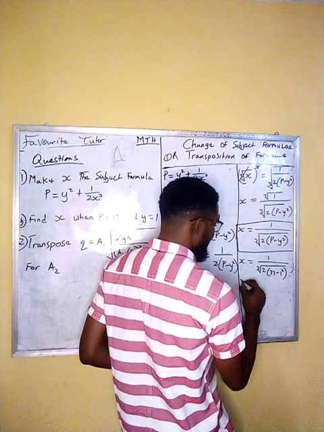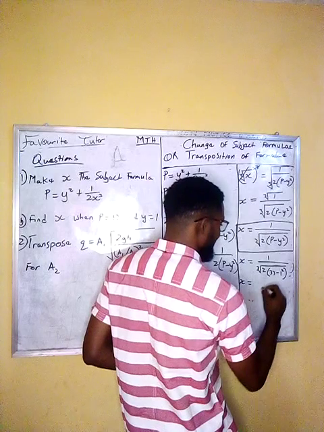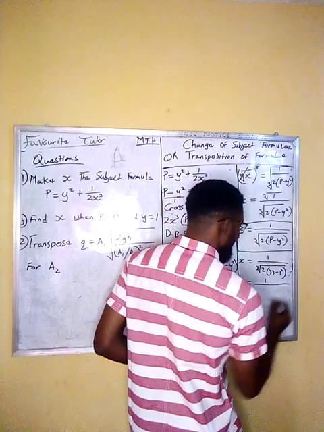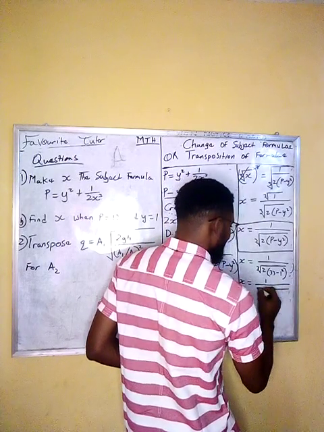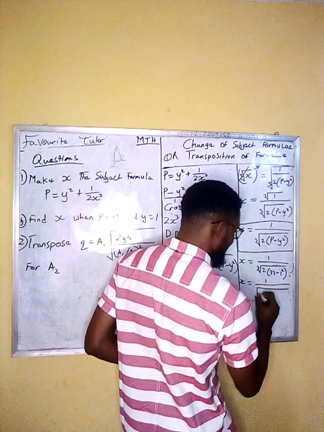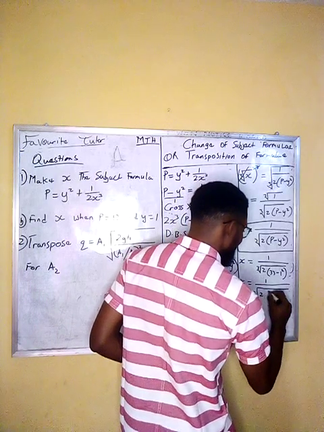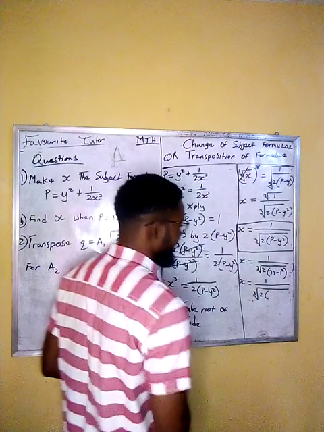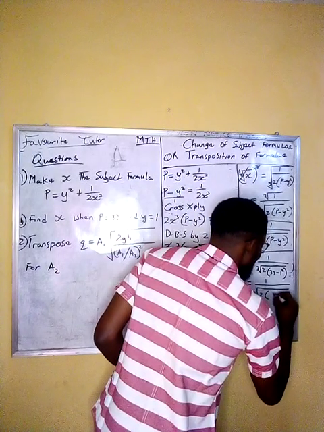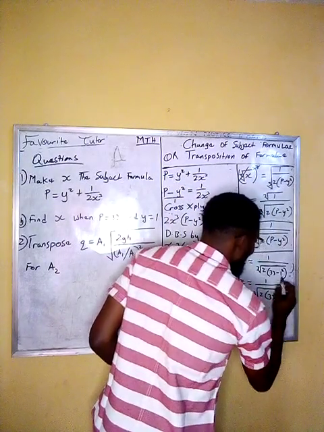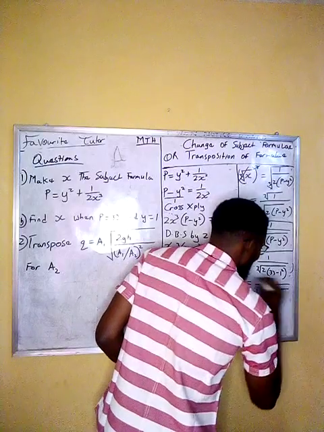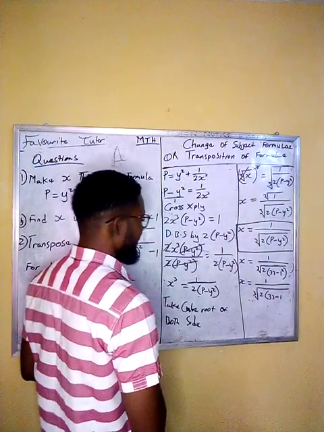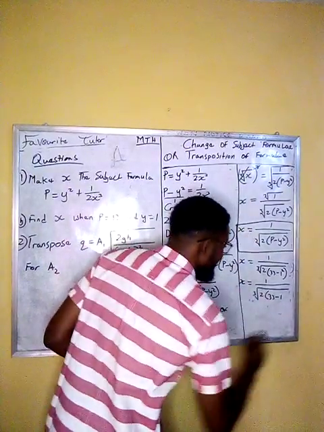So x equals 1 all over the cube root of 2 brackets 33 minus 1 raised to the power of 2, which is 1. 1 raised to the power of 2 is 1.